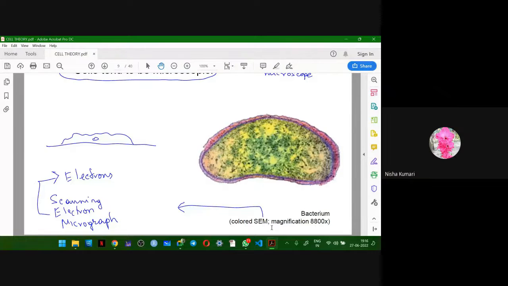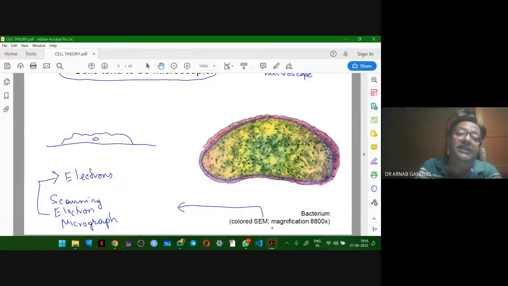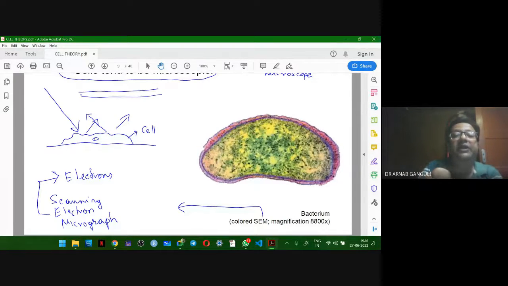Yes, sir. Okay, this is a cell on a flat surface. Now, you have an electron beam coming over here, and they get scattered in different directions. These are captured on an image.